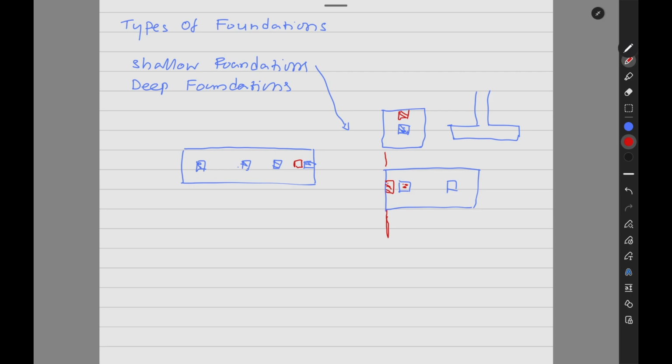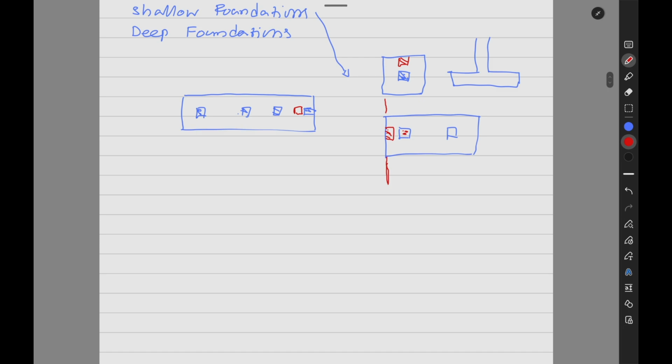So this can be designed. Basically these are the main three types of foundation. In addition to that, this can be further combined. As you can see, one column, two columns, maybe several columns. These are combinations when you see the number of columns increasing.